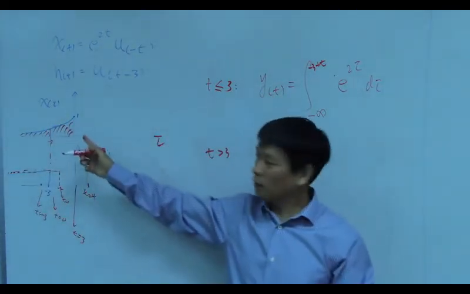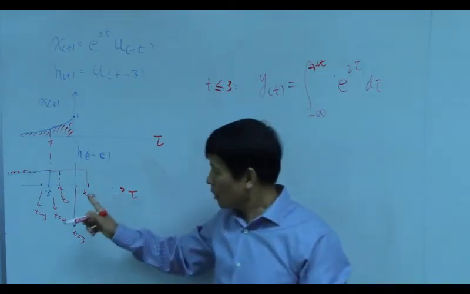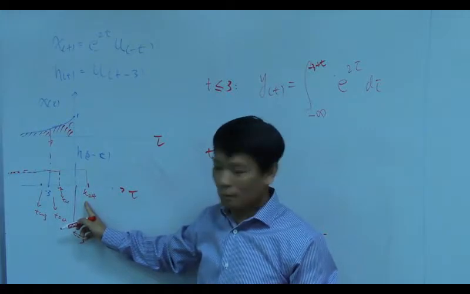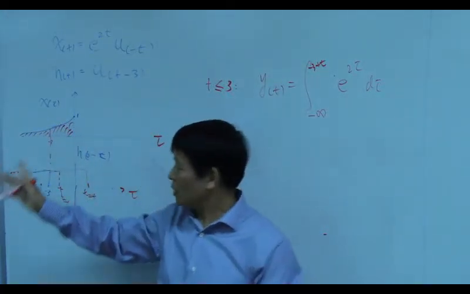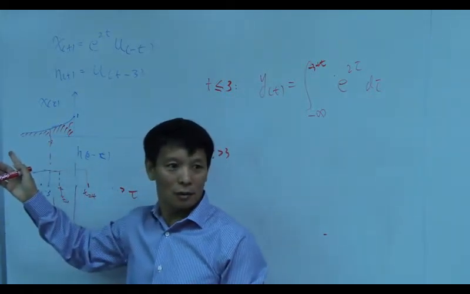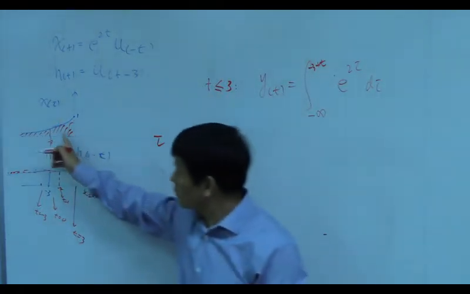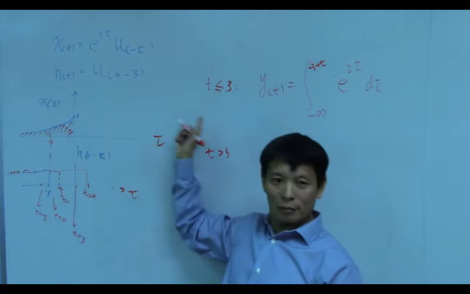That's it, because we don't have anything to the right. The conclusion is if t is greater than 3, the only overlapped part is this part. No matter your t equals 4, equals 400, equals 4000, everything is the same. Does it make sense? Because we don't have anything to the right.